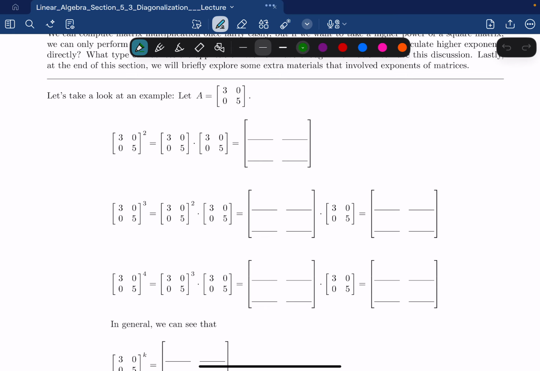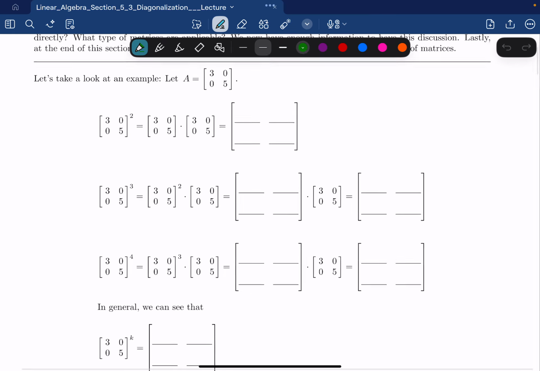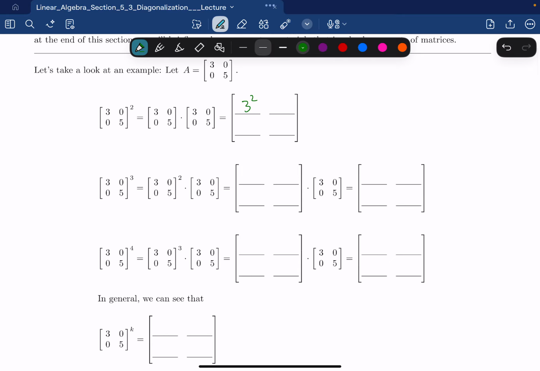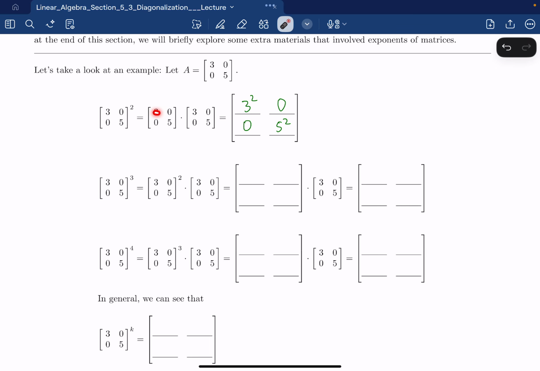So instead of 3 times 3 equals 9, I'm going to write that as 3 squared, then the second entry on the first row is 0, and then 0 and 5 squared. You can of course check that on your own. So again, 3 times 3 is 3 squared, 3 times 0 plus 0 times 5 gives us 0, 0 times 3 plus 5 times 0 is 0, and 0 times 0 plus 5 times 5 is 5 squared.